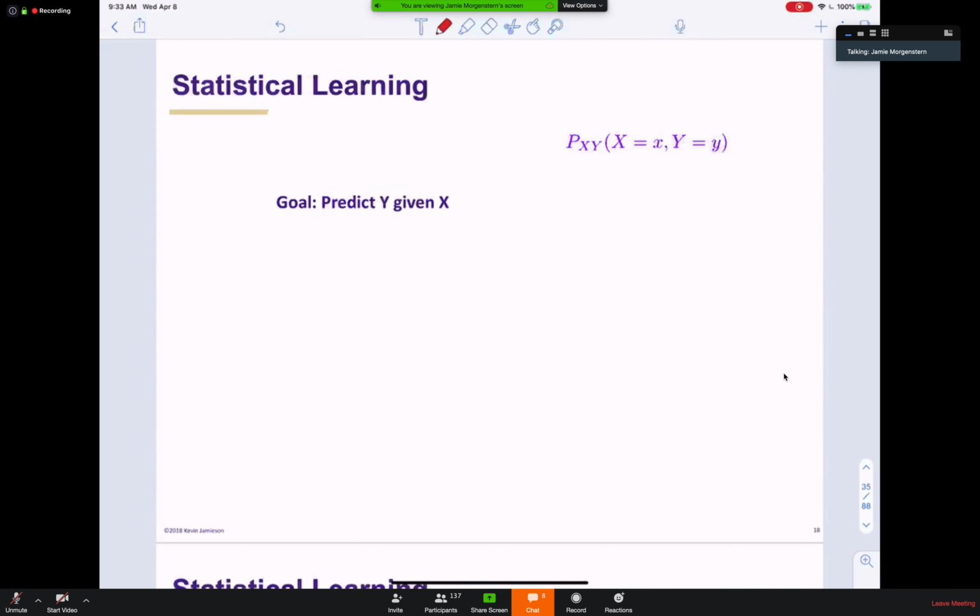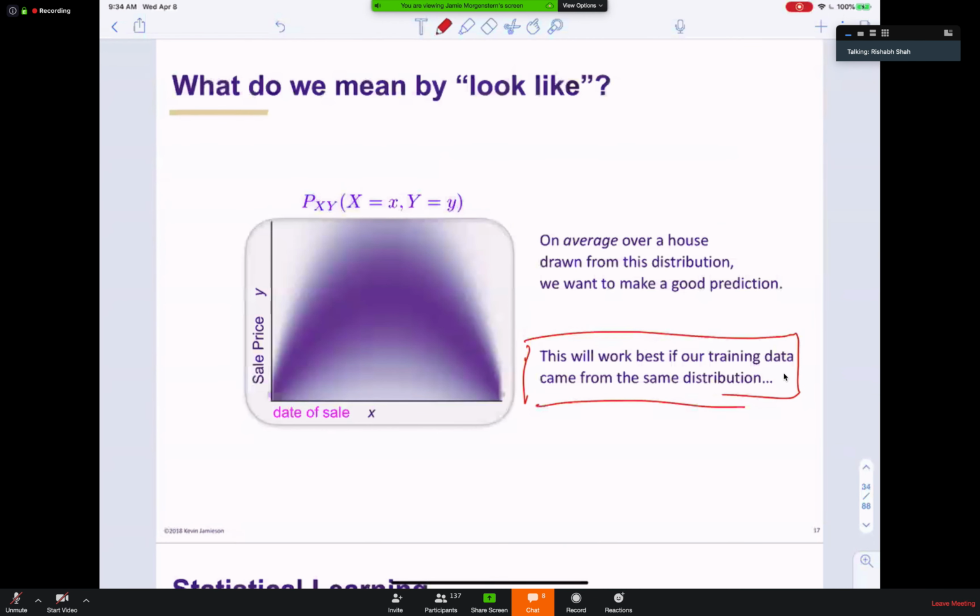Before I do that, does anybody have any questions about the prior part of the lecture? Yeah, I have a question. Great. In the previous slide showing the point cloud, you mentioned some reasoning behind it.